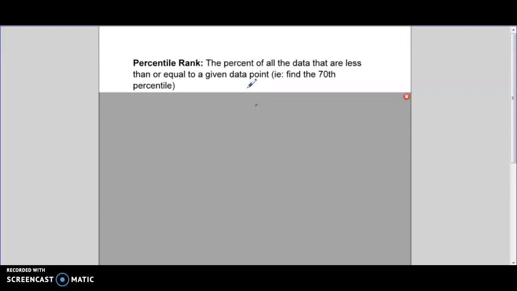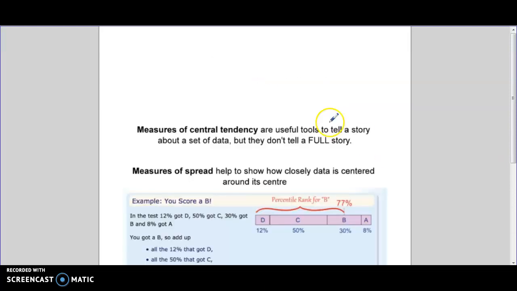So if we're at 77, like we were in the previous question, that means 77% of all the data are less than or equal to the mark of B that we got in this question. So 77% are less than or equal to, which would then mean that 23% of the class did better than you. So that's percentile rank.